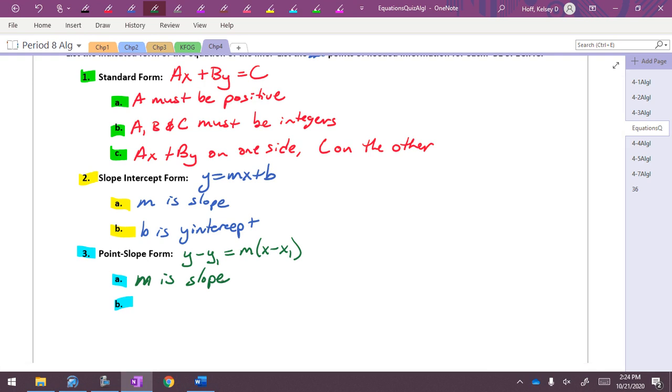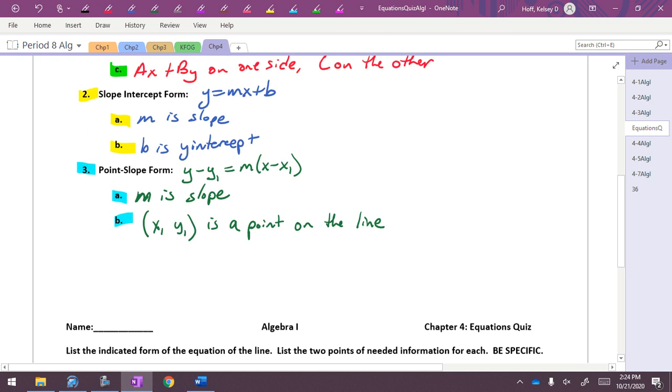Okay, I'm going to write this one down. This is the most commonly missed piece on this. Majority of people get a 9 out of 10 because of this right here. You have to write x1, y1 in parentheses is a point on the line. A lot of people want to say are a points. No, it is one single point. X1, Y1 is a point on the line. That is the most commonly missed point on this.